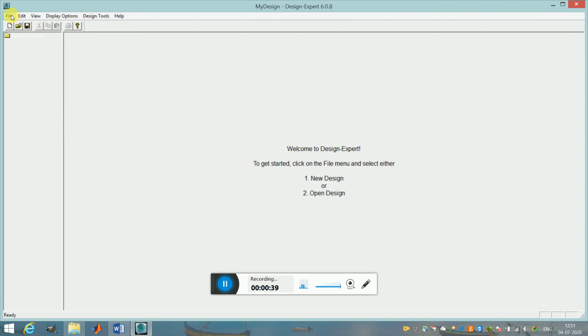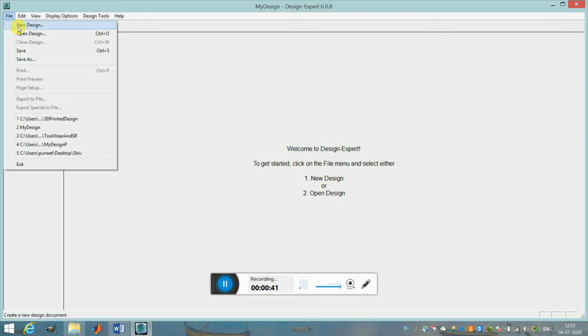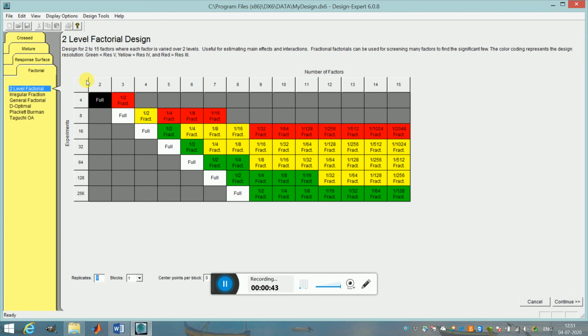Let us see. Here we'll start with a new design. On the top is the number of factors, and on the y-axis you have the number of experiments that you will be performing. There are two designs. So one factor is design, and the second is the variable associated with the type of design.